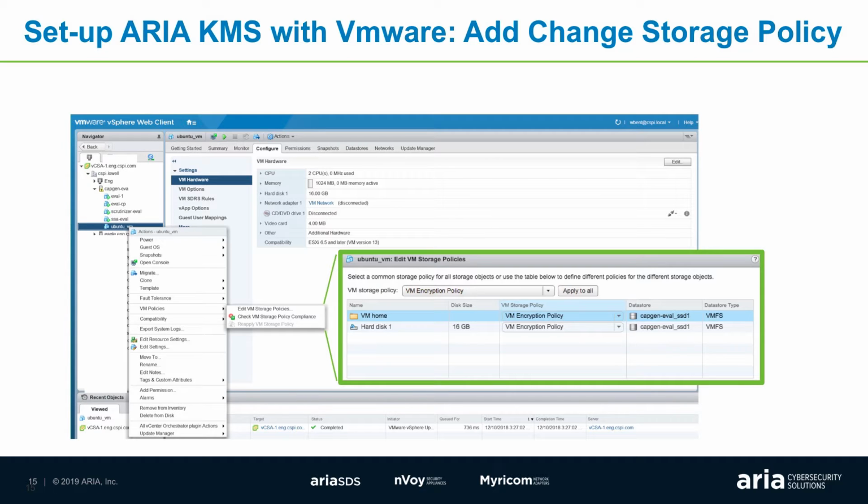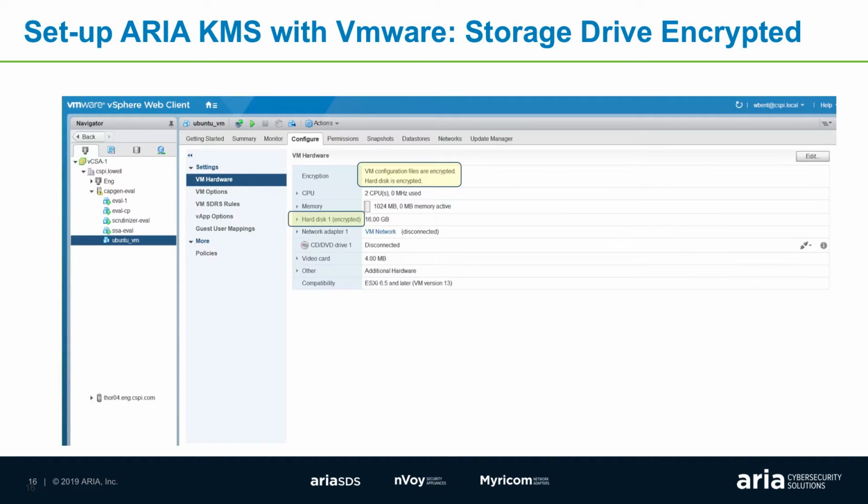Enabling encryption is as easy as editing the storage policy for the VM that you want to encrypt and selecting encryption. The process that we showed earlier then takes effect, with vCenter requesting a key from the key server, passing that to the VM, which then uses it to start encryption of that VM and its data storage. Once completed, the configuration information for that VM is updated to reflect the encryption status.